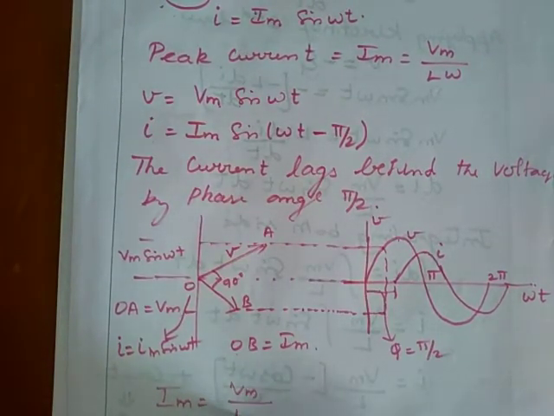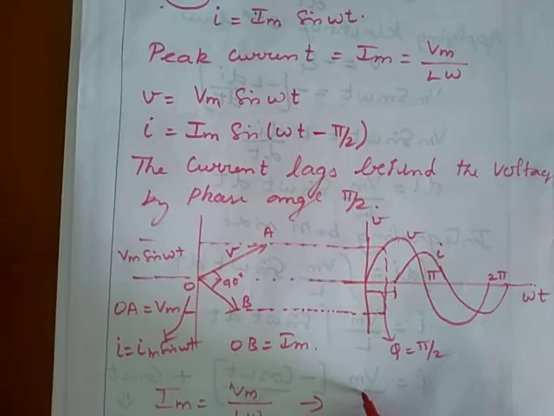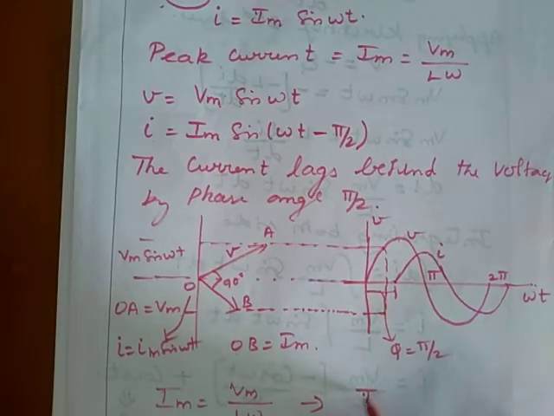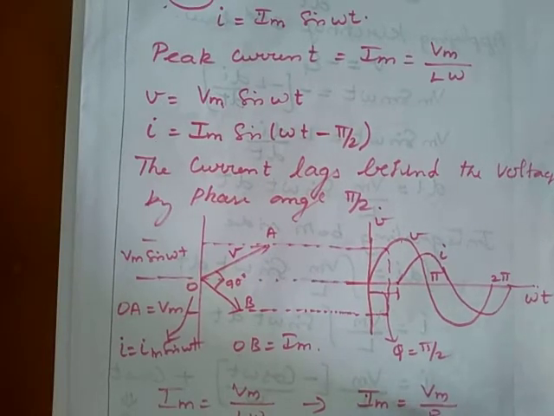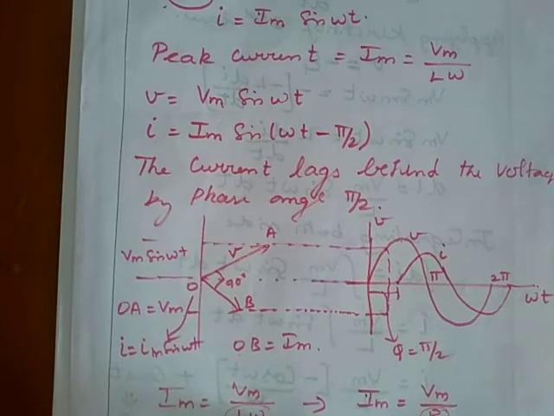Vm by L omega. Here it is comparing with the equation that we proceeded with in our previous class, that is Im in the resistor is equal to Vm by R. So this resistance value is equal to this value. So we can consider this one as R is equal to L omega.